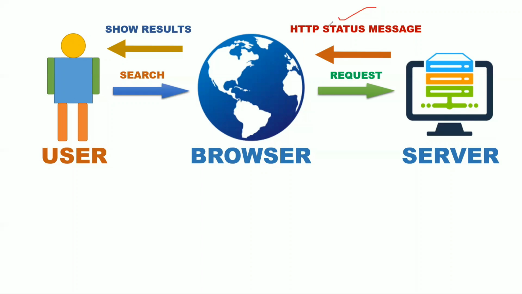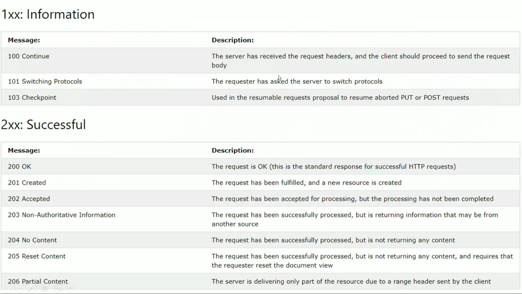So what is that? That 404 error is also an HTTP status message. There are basically some groups of HTTP messages. So there are basically 5 types of HTTP messages.